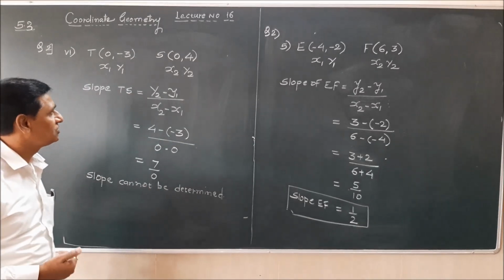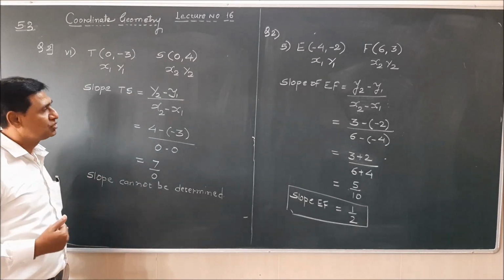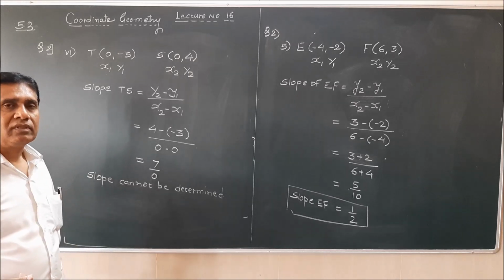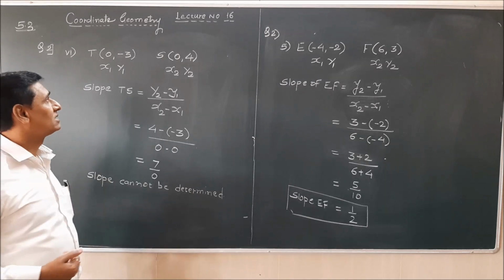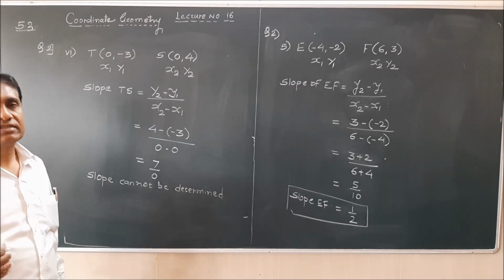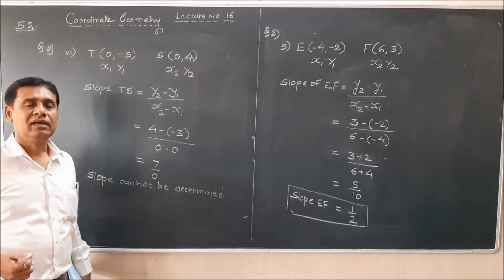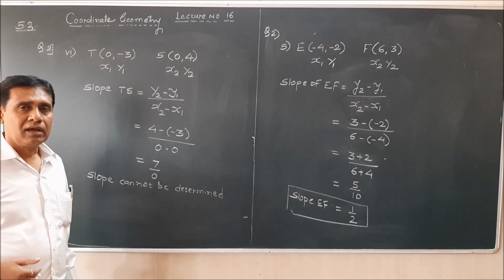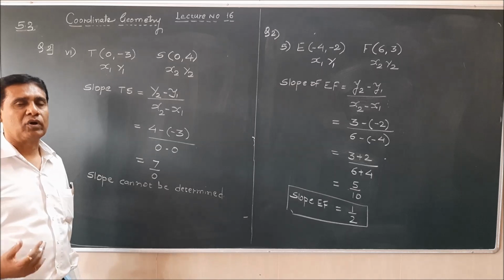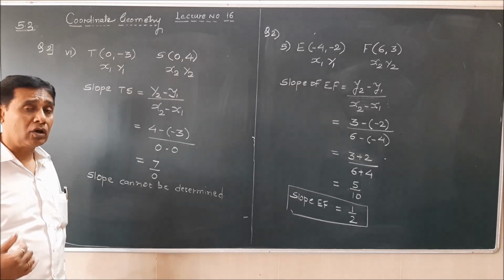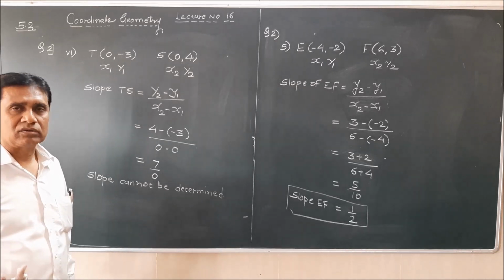I'll continue with the next question in the next lecture, lecture number 17. At that time I'll explain how we decide whether given points are collinear or not by finding out their slopes.